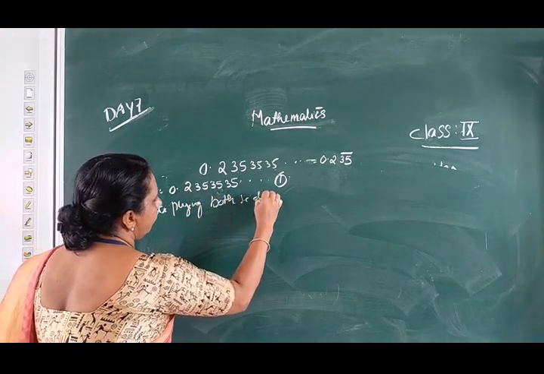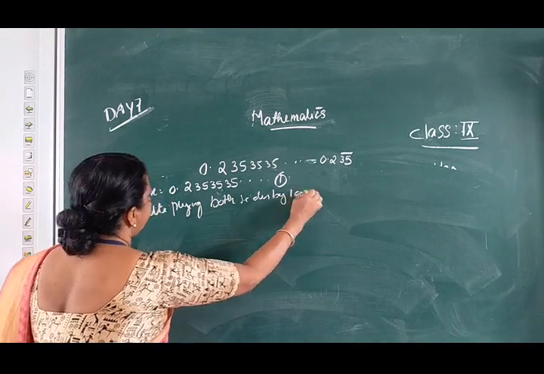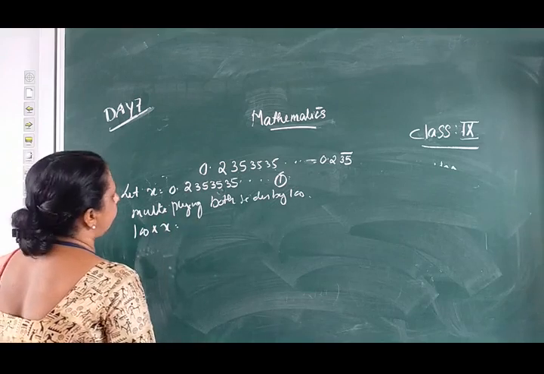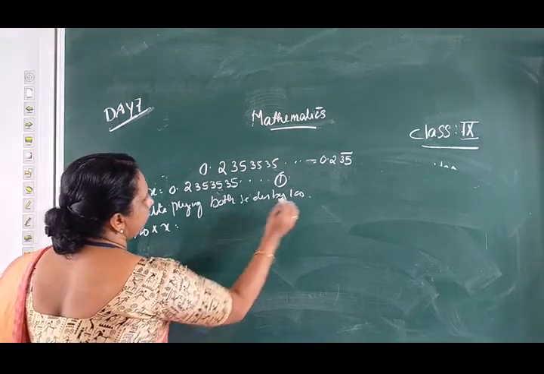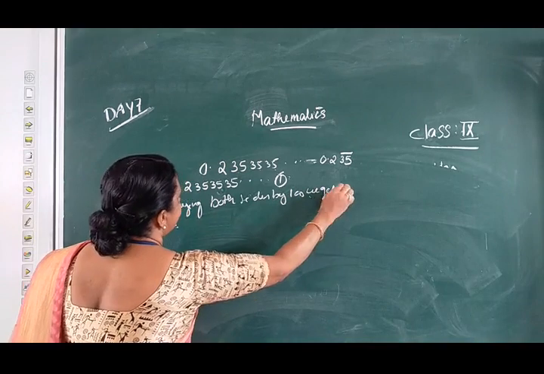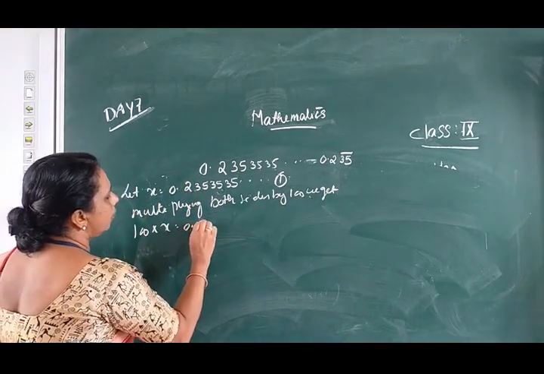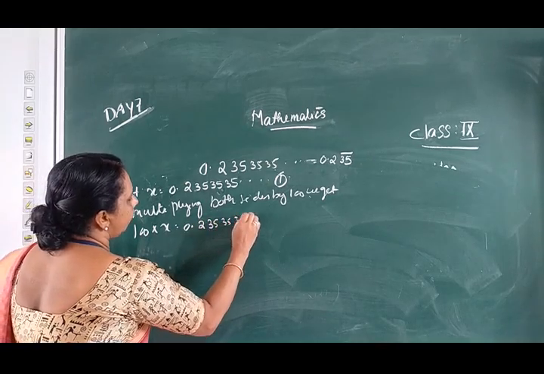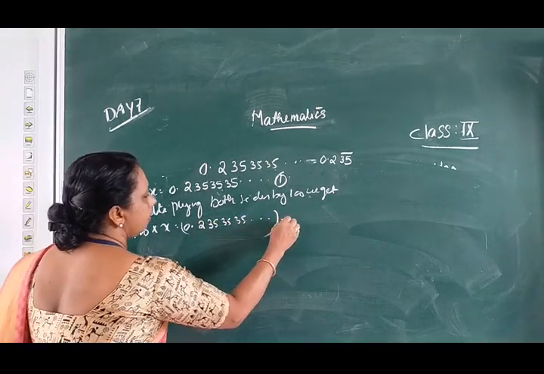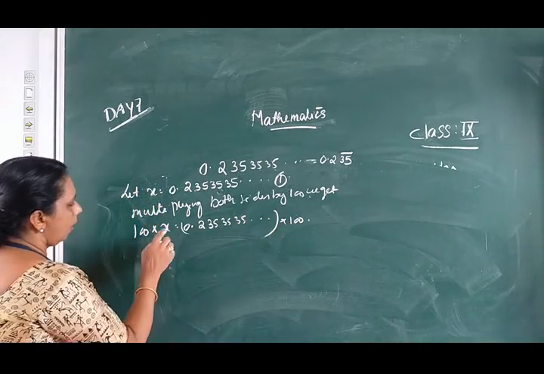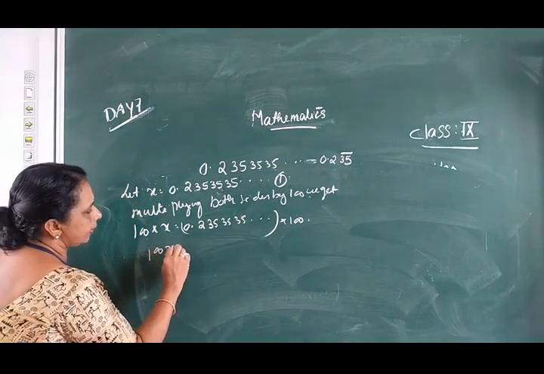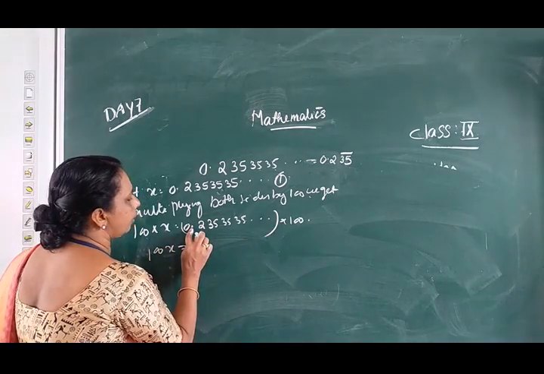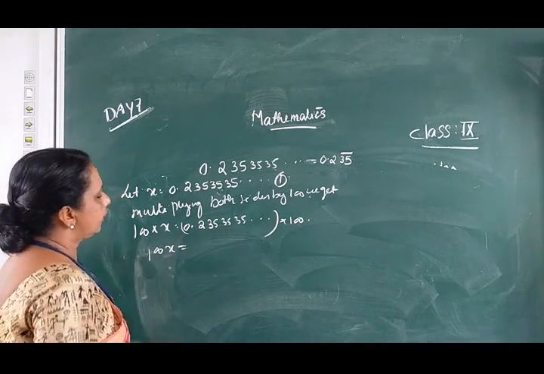Multiplying both sides by 100, we get 100x is equal to 100 into 0.23535 etc. Here, multiplying by 100 means the decimal moves after how many digits?